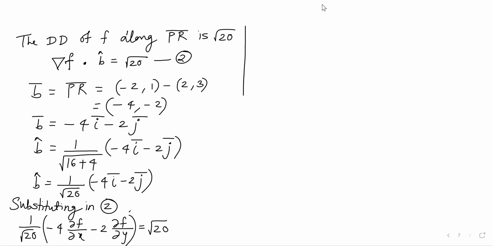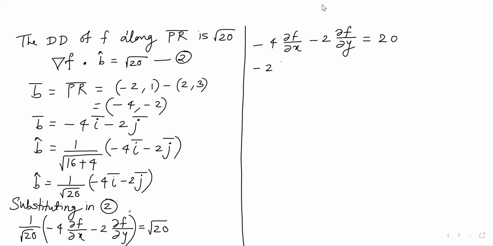So this equation can be written as minus 4 dabba f by dabba x minus 2 dabba f by dabba y equal to 20. So we take out 2 common, so that will be minus 2 times dabba by dabba x minus dabba by dabba y. I'll divide it by 2. This is 10. So this is Roman 2.